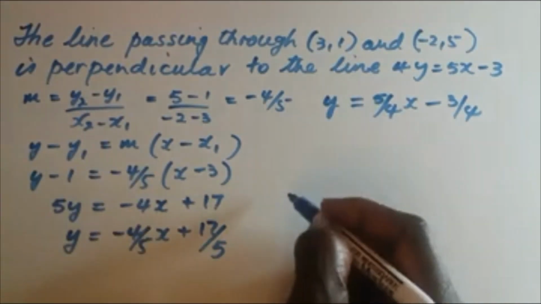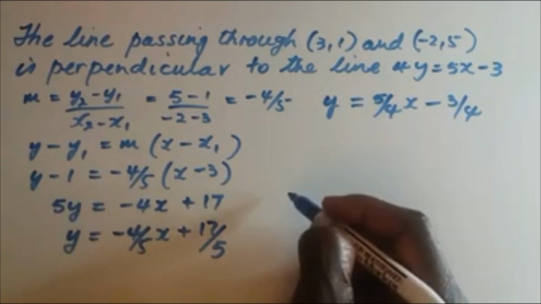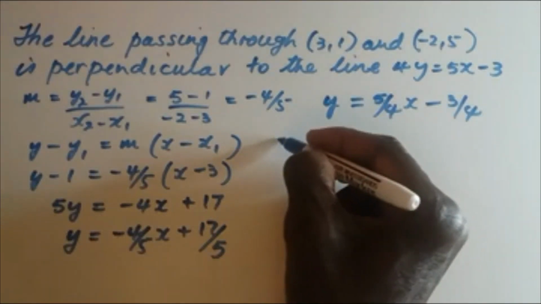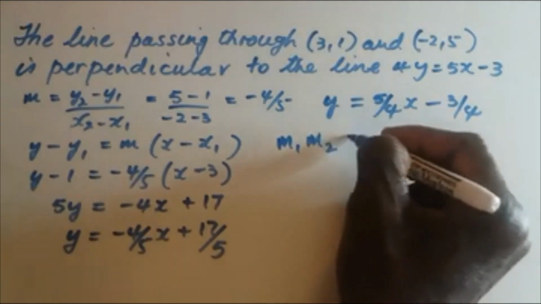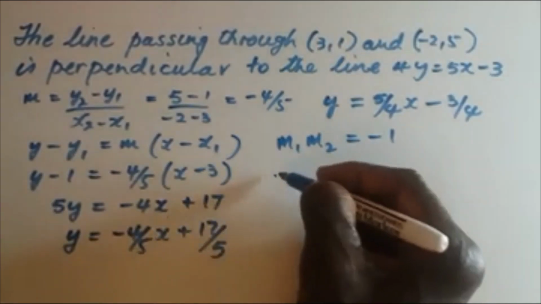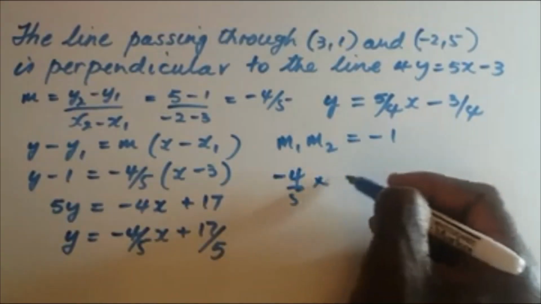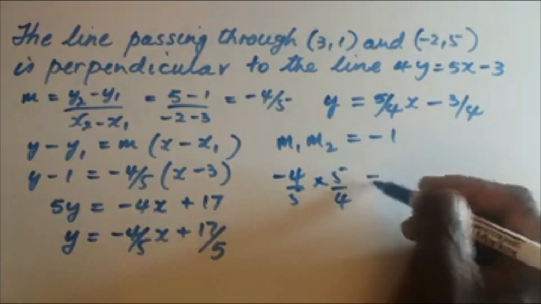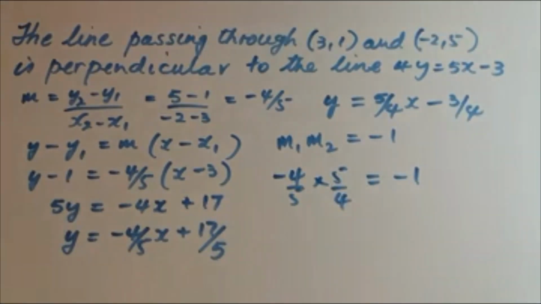The condition for perpendicularity is that m1 times m2 is equal to -1, and we can check that. m1 is -4/5 times 5/4, and that's equal to -1. So we've shown that this statement is true: the line passing through (3, 1) and (-2, 5) is indeed perpendicular to the line 4y = 5x - 3.